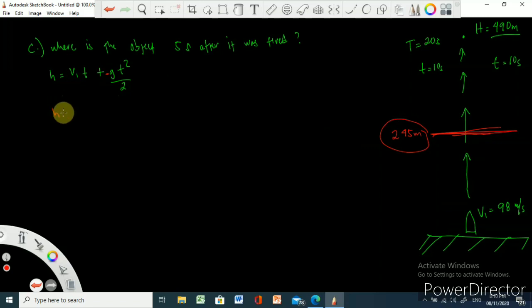So h is equal to 98 meters per second multiplied by 5 seconds plus negative 9.8 meters per second squared multiplied by 5 squared divided by 2.